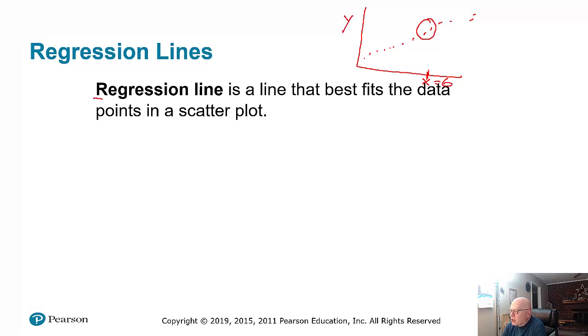Well, the regression line is what enables us to fit a model. This regression line will be a model for connecting the x values and the y values. The regression line is the one that best fits.